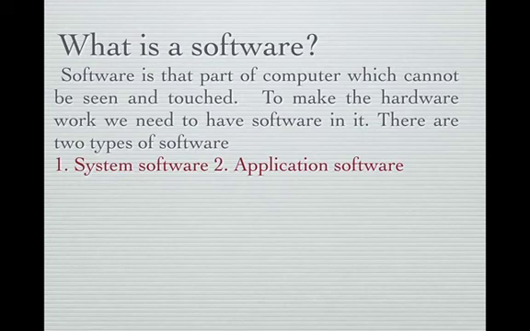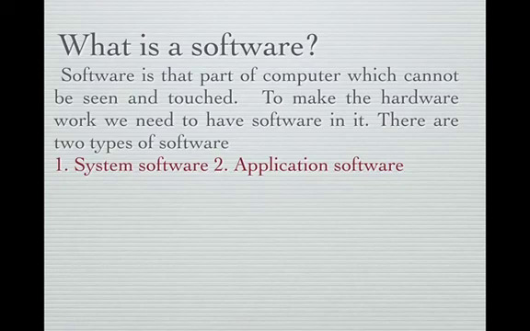You cannot see it, continuous processing is going on, and you cannot touch it. Let us take the example of a CD. On the CD I have a movie or a song. Can I touch that movie or song? No. Why? Because it's software. Software is divided into two parts: system software and application software.